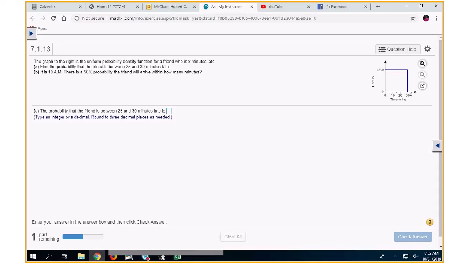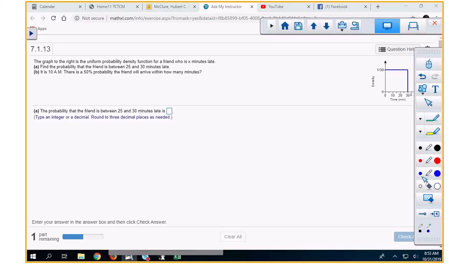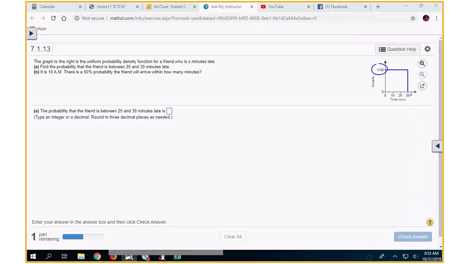You ready? Okay. So, do we have to find our height? Yes or no? No, because it's already there. There's your height. So all you have to find is the probability that the friend is between 25 and 30.